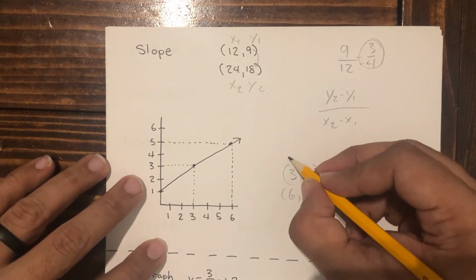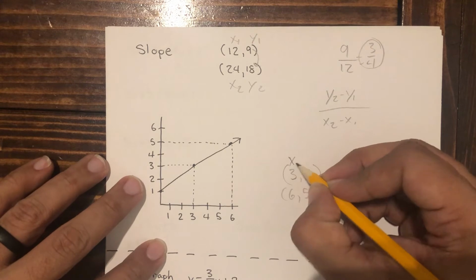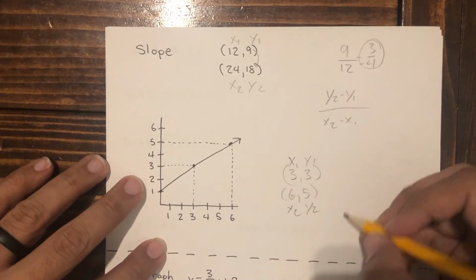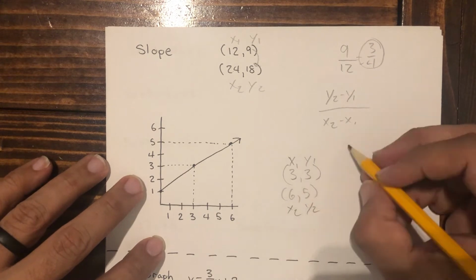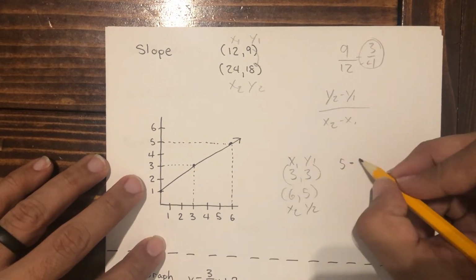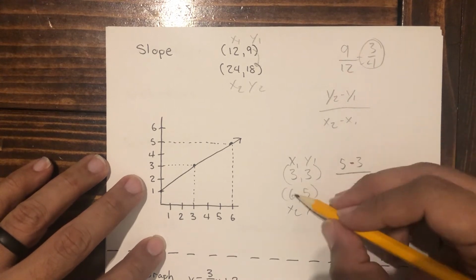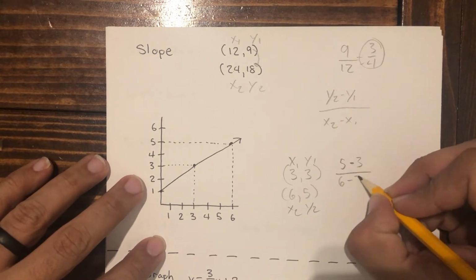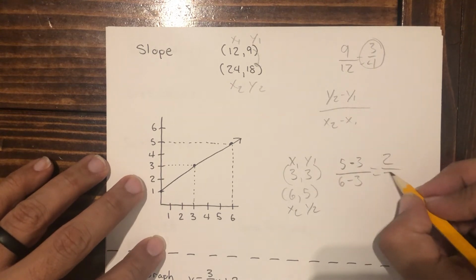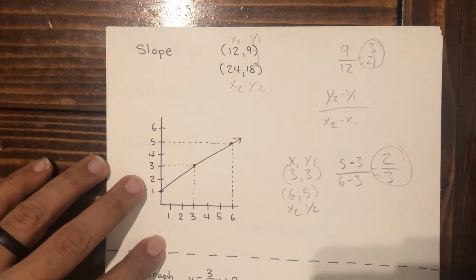Remember, this is x1, y1, x2, y2. So you put it in there. So you go, y2 goes first, so right here, 5 minus 3 divided by 6 minus 3. You're going to be left with 2 over 3, and there's your slope.